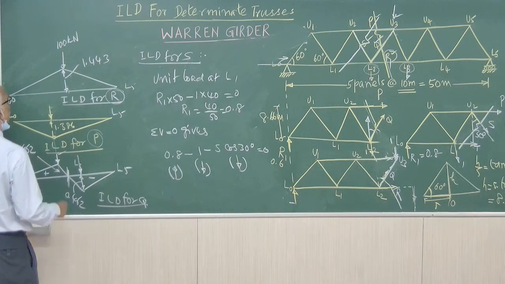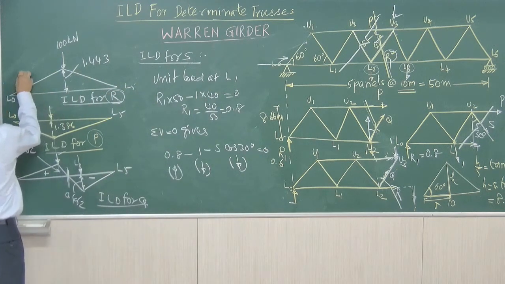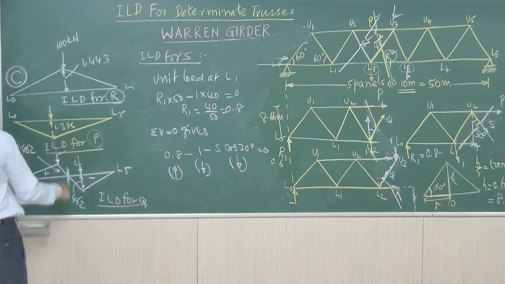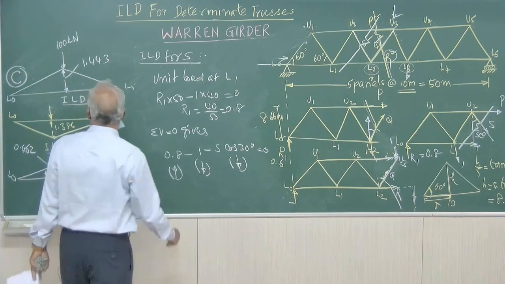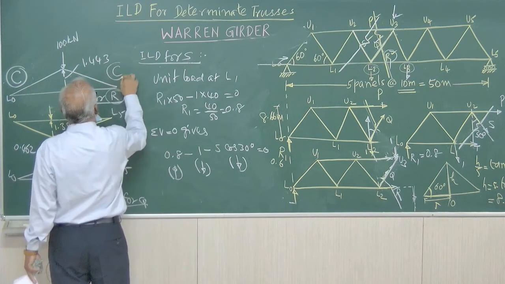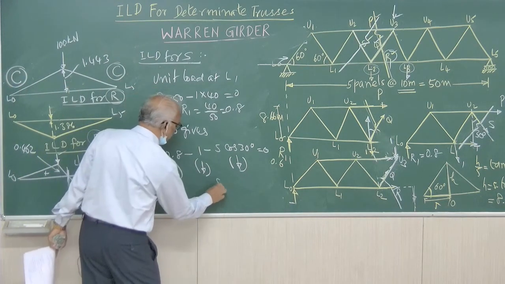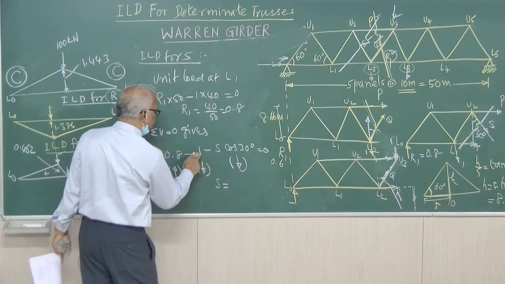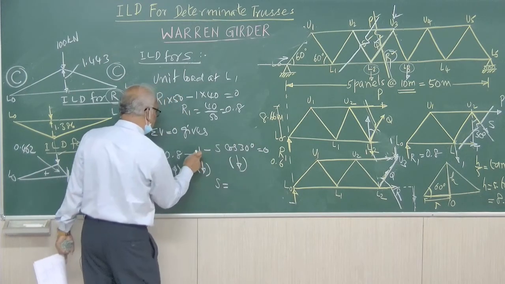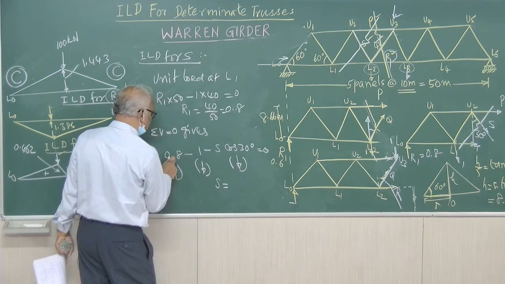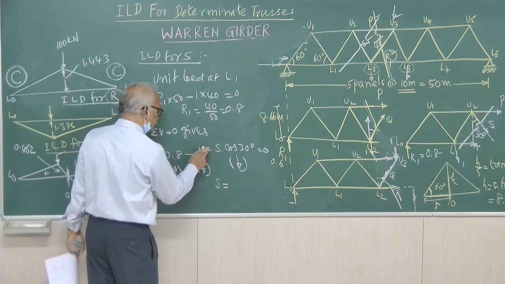Here we have to apply one correction. Anyway, we will see that after some time, so that I should not forget. There is a correction, we will discuss later. Now, S equal to this. When this goes to the right hand side it will become plus and this will become minus. So this is already minus.